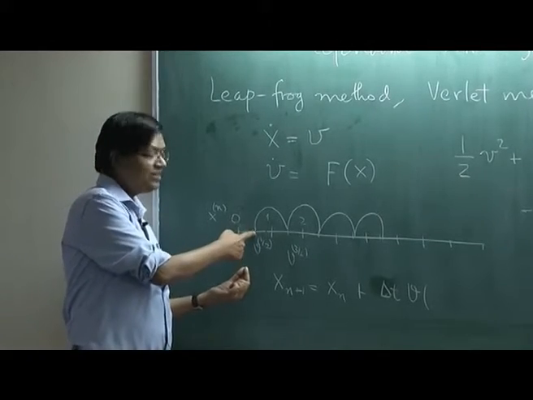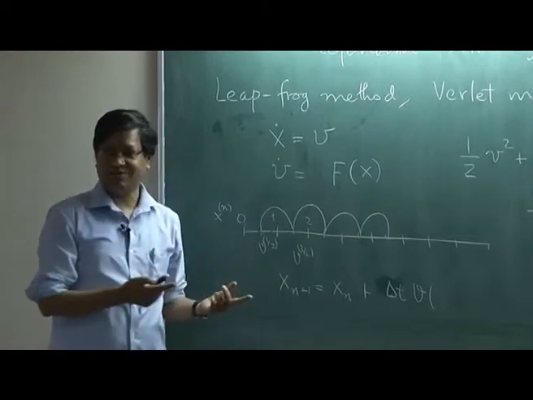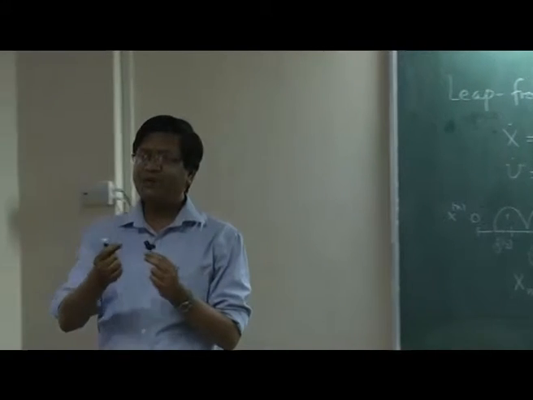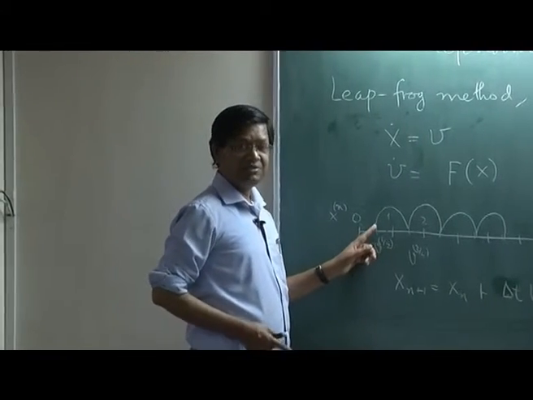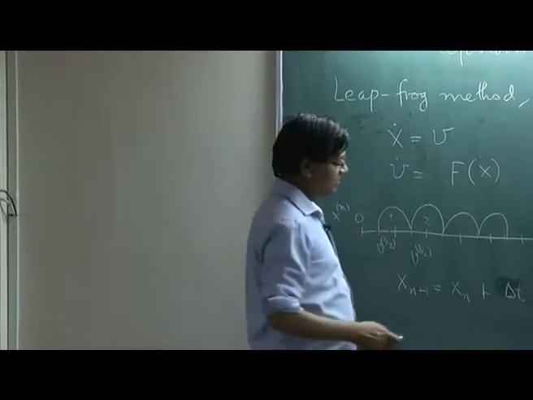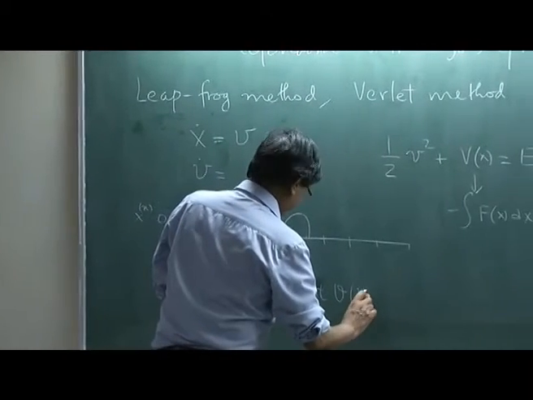So the velocity at the midpoint is in fact better, no, because velocity at the midpoint will give you better accuracy. I do not want to use my initial velocity or the final velocity, in fact they correspond to Euler forward and Euler backward, but this is a midpoint which is good. So this is v of n plus half.